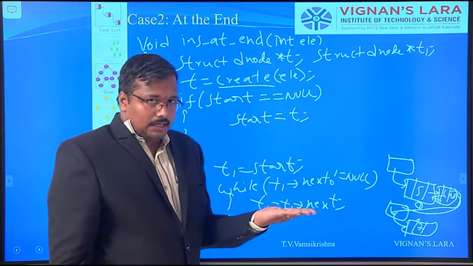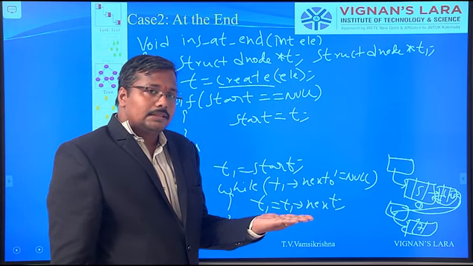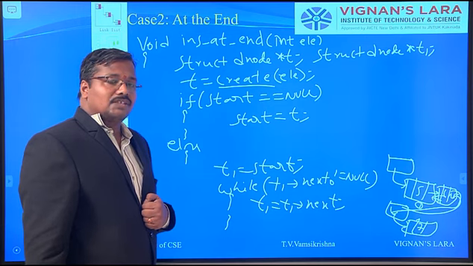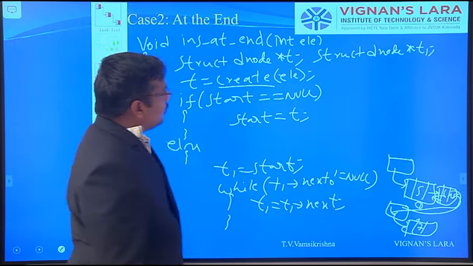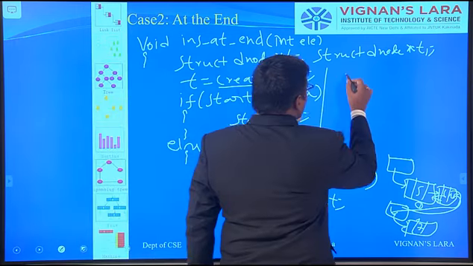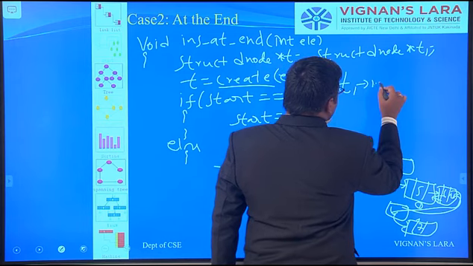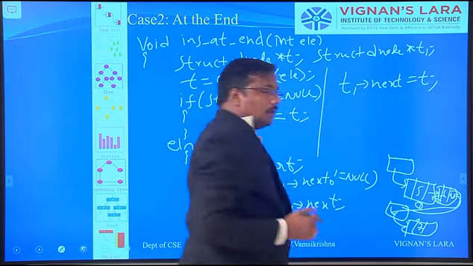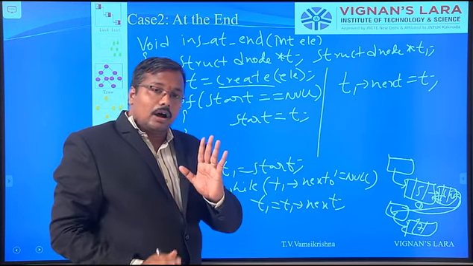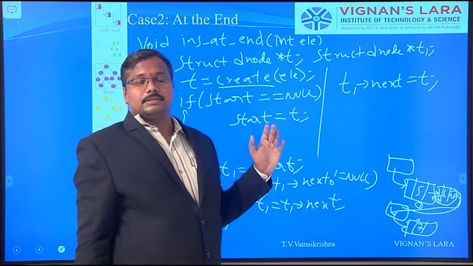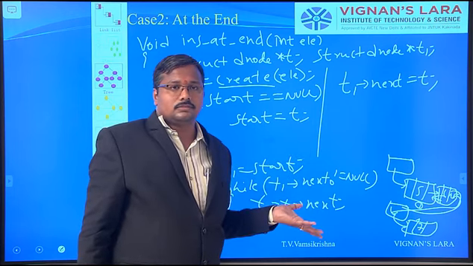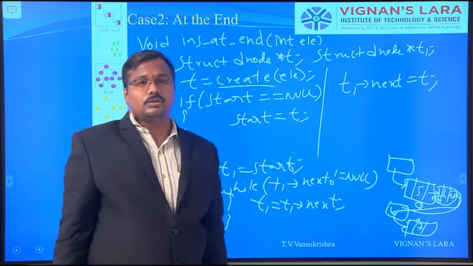At present the last node address is in T1. What I have to do is T1 of next is equal to T. This operation already comes from the single linked list, so the same operation here also you have to do.